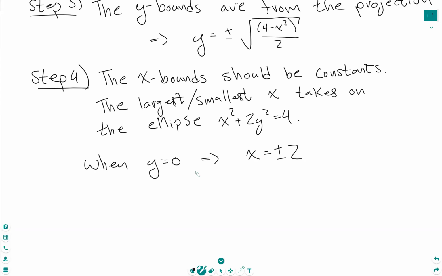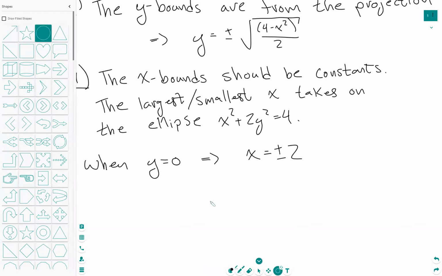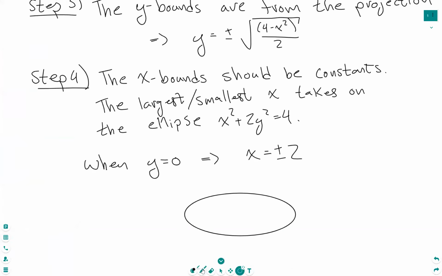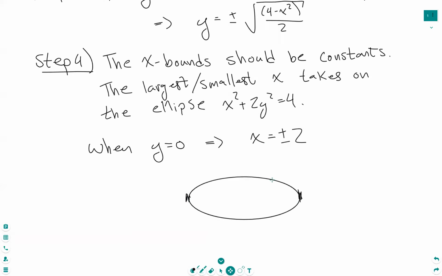Because our ellipse perhaps looks something maybe like this. This is a terrible ellipse. Let me just actually draw a real ellipse. There we go. So when y is equal to 0, we have the edges here. So x is plus or minus 2.